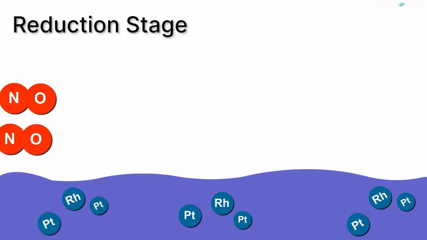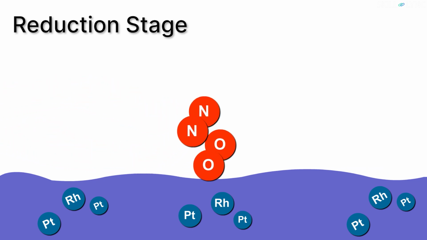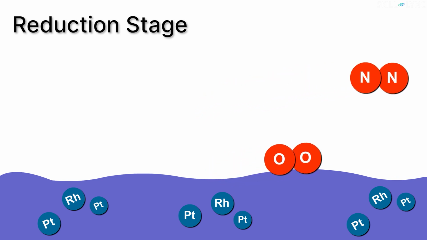When the exhaust flows over the washcoat, the reduction catalysts, platinum and rhodium, reduce the oxides of nitrogen into individual nitrogen and oxygen atoms. The reduced nitrogen atoms combine with other nitrogen atoms and leave as harmless nitrogen gas. In the second stage, the conversion of exhaust takes place with the help of platinum and palladium, which are the oxidation catalysts.